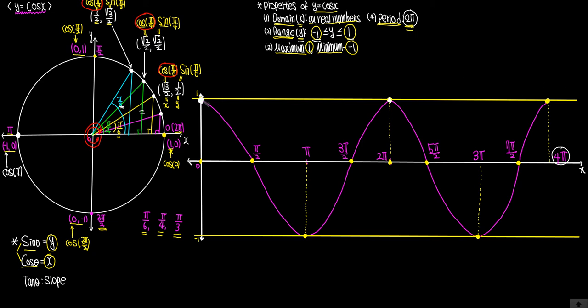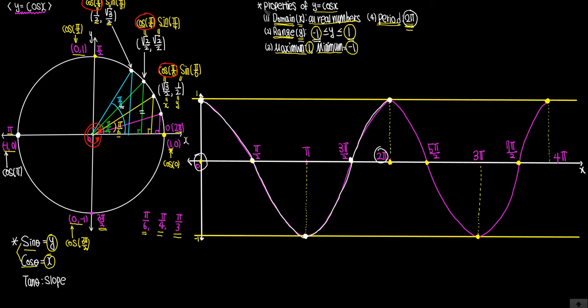The only thing we need to remember is the form of y equals cosine x that starts from positive 1, gets to 0 at pi over 2 radians, gets to negative 1 at pi radians, gets to 0 again at 3 pi over 2 radians, and goes to 1 at 2 pi radians. This form, from 0 to 2 pi radians, is the first period of the y equals cosine x graph.